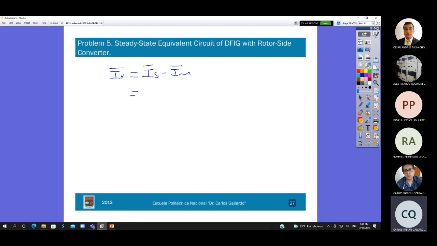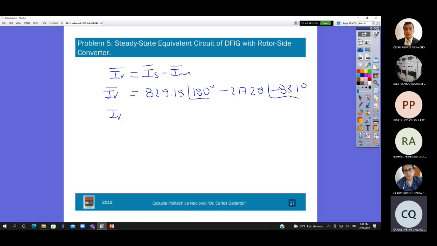Therefore, this is equal to 829.18 with 180 degrees minus the magnetizing current 217.28 with 83.1 degrees.